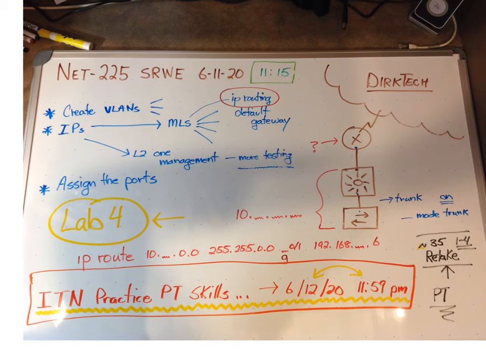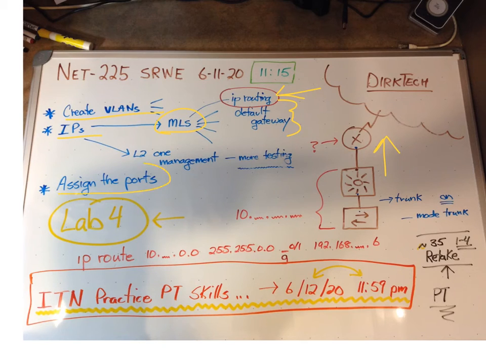Okay, so we wrapped up. Next thing, they created their VLANs. They assigned their IP addresses to them in their multi-layered switch. Turn on IP routing. Inside the switch, eventually you have to put a default gateway, a routing default gateway going out.